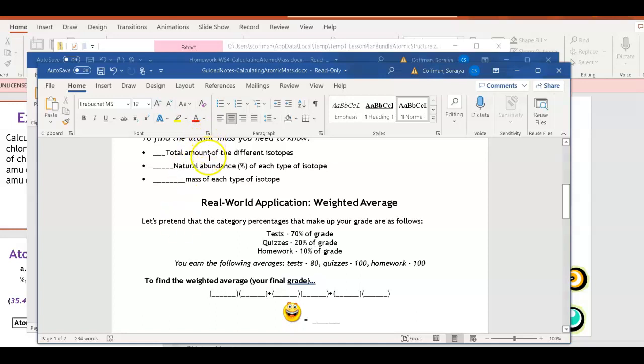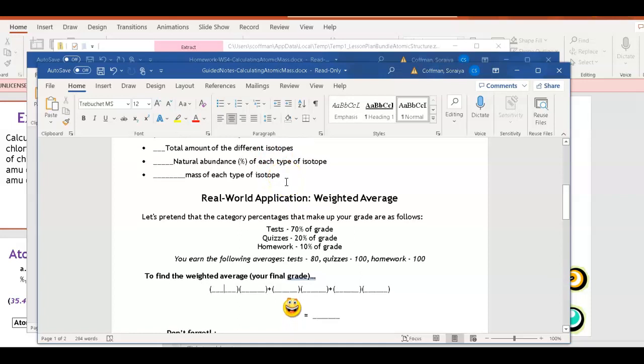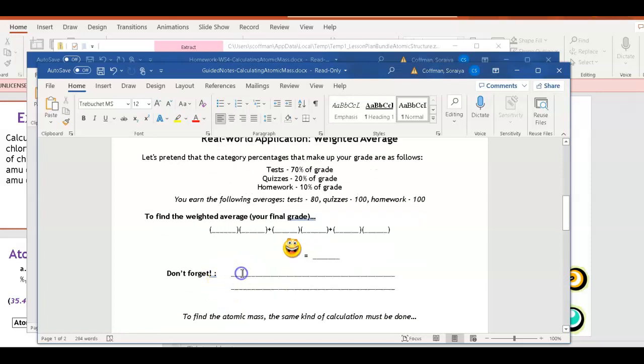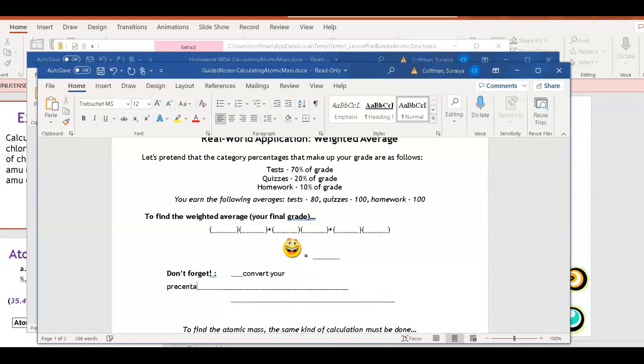You have the total amount of the different isotopes, the abundance, and the mass of each type of isotope. The abundance would be the decimal, but don't forget to convert your percentage to a decimal.